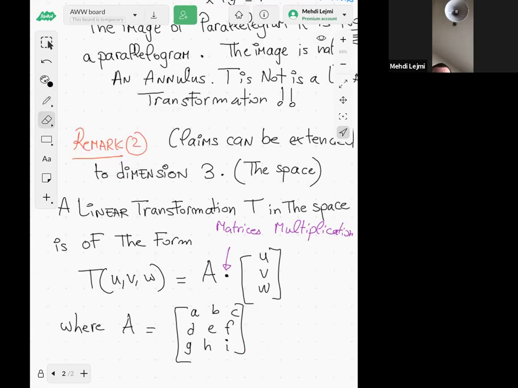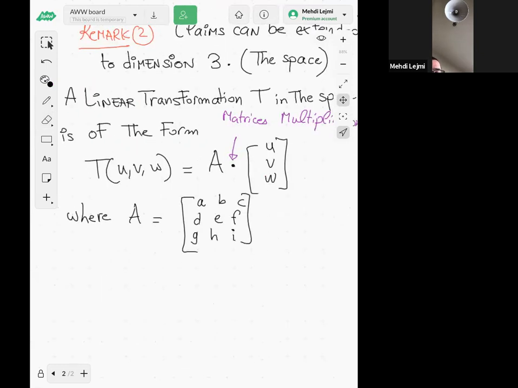So your T of (U, V, W) would be, well, a long expression. It's AU plus BV plus CW, that's the first component.